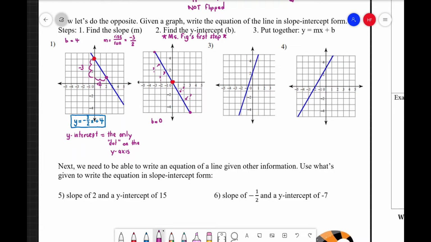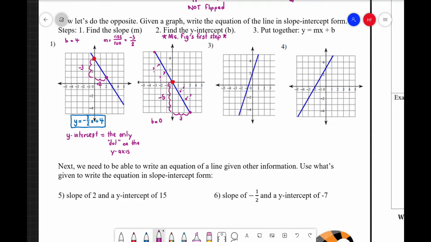And those look like they're equidistant from the origin. So let's see when we count our slope. It's going down, so 1, 2, 3, 4, 5, down 5, and to the right 1, 2, 3.